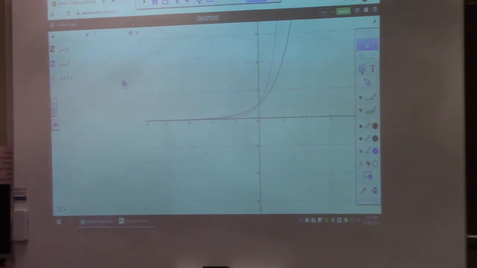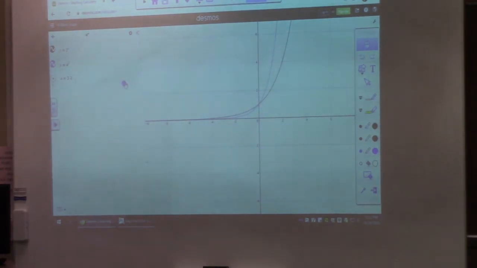So this one has y going to 0 as x goes to minus infinity, whereas this one has y going to 0 as x goes to plus infinity. They both settle on 0 in one direction or the other, but they both also get really, really large very fast in the opposite direction. This is called exponential growth.